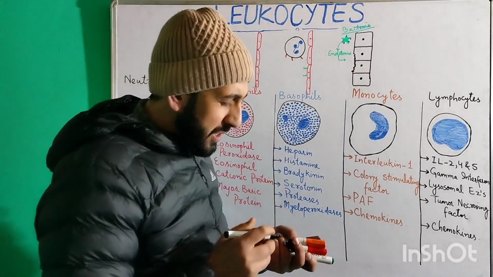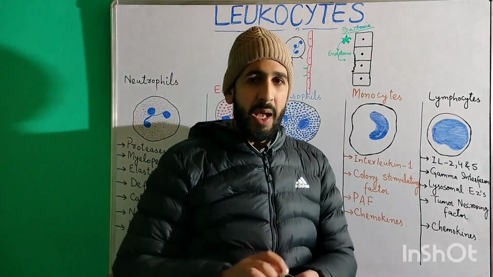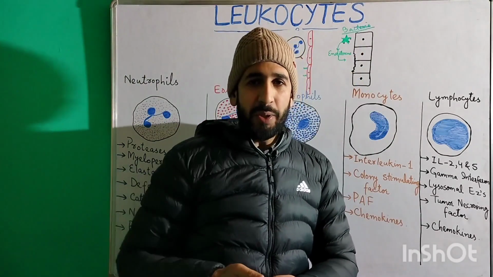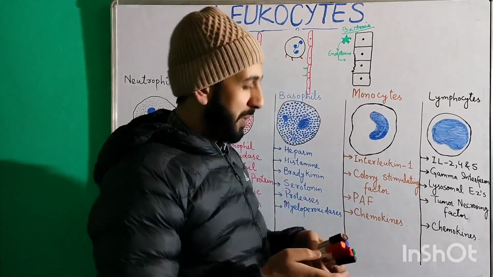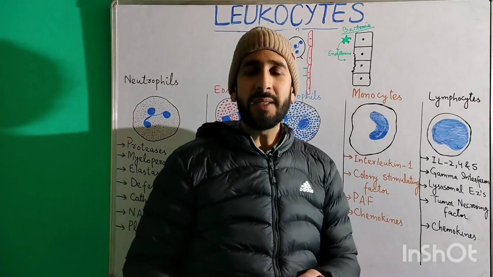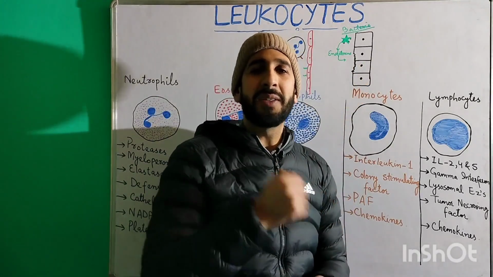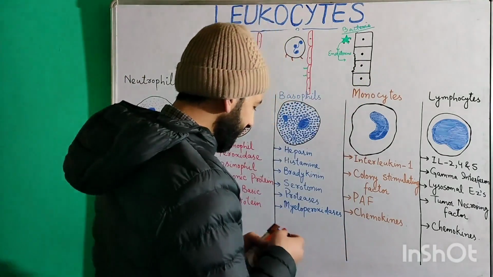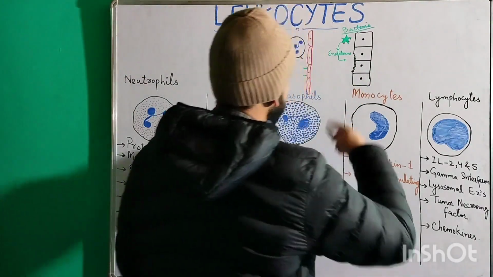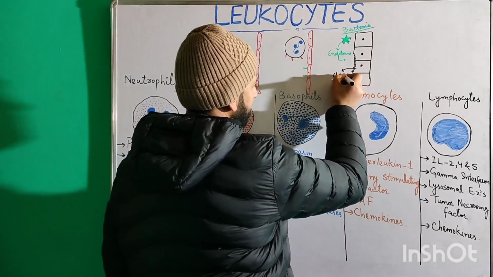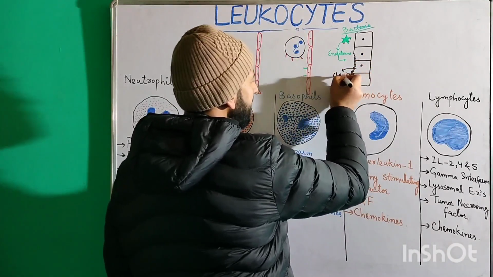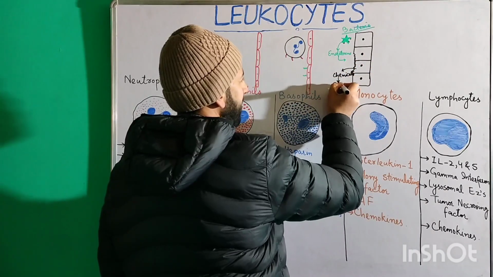Right. As soon as this tissue is being damaged by these endotoxins, the tissue cells which are present here, the affected cells, start producing certain chemicals. For example, these chemicals are prostaglandins.